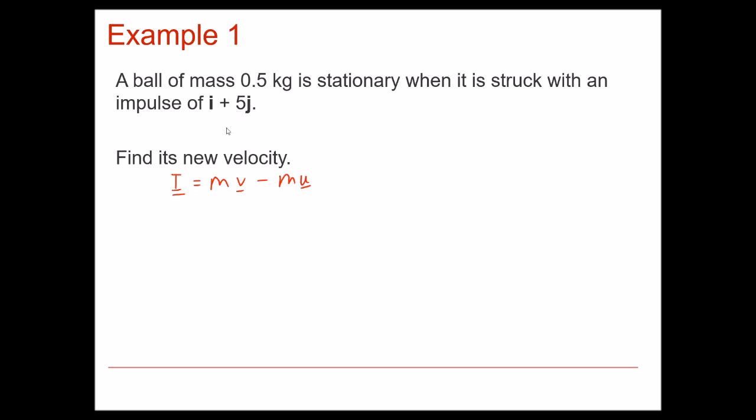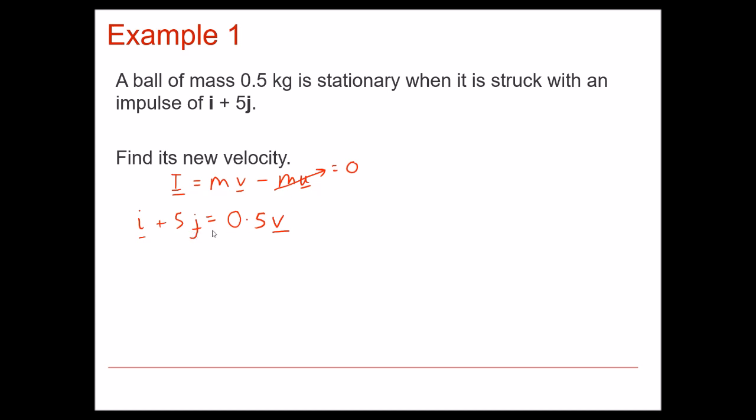Alright, now in this case, the impulse we're given is i plus 5j, and the mass is 0.5, and we don't know this final velocity v. But this initial velocity u, well, we're told it's stationary, so that is just equal to 0.